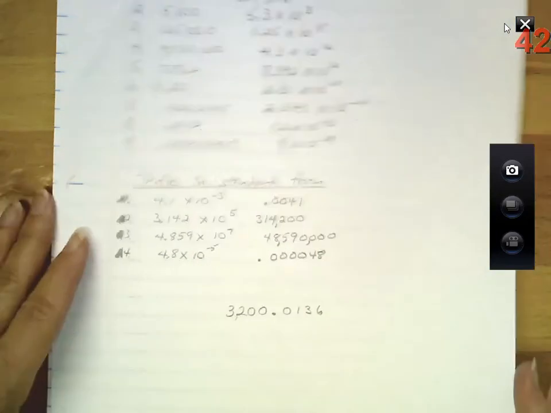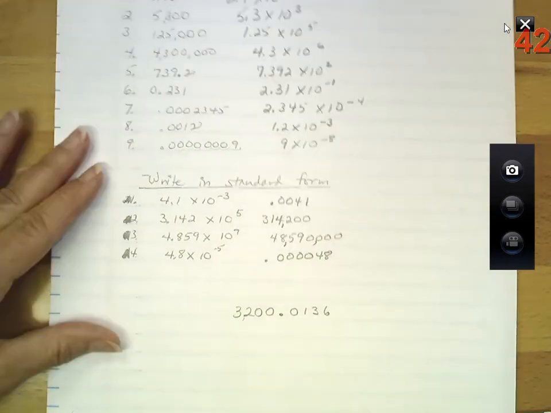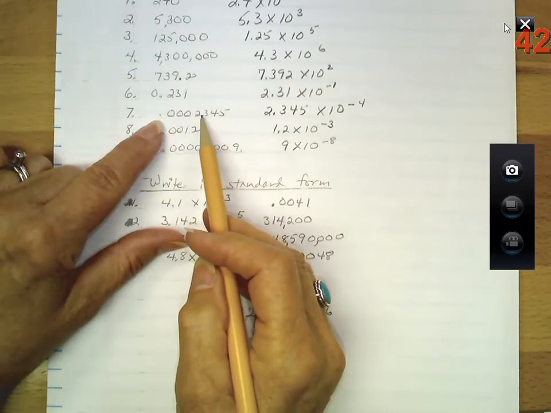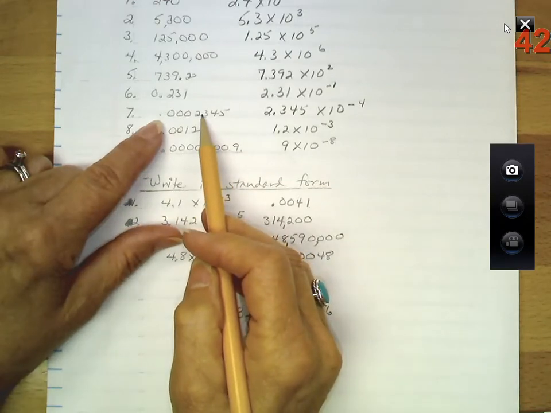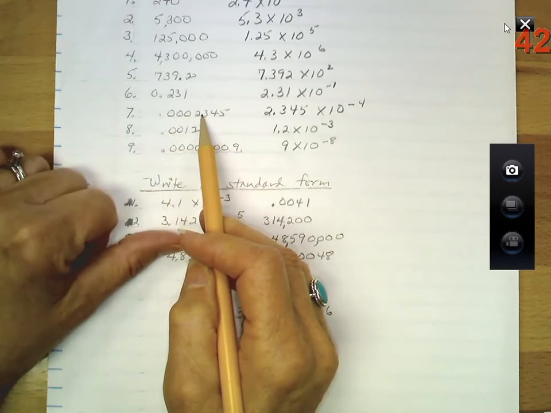I have one more question. Like for number 7, where it says 0.0023, you want to put an imaginary 0 to the left of the decimal, and that counts as a space there. Is that how that works?